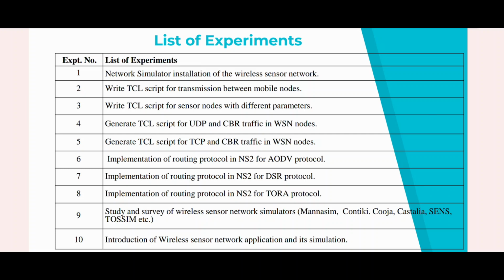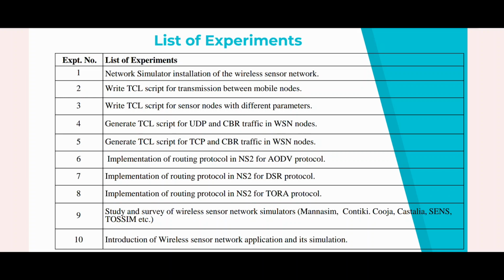The sixth experiment is implementation of routing protocols in NS2 for the AODV protocol. So here we are going to design the network, or we can say a kind of routing protocol network, with the help of NS2. And seventh one, implementation of routing protocols in NS2 for the DSR protocol.